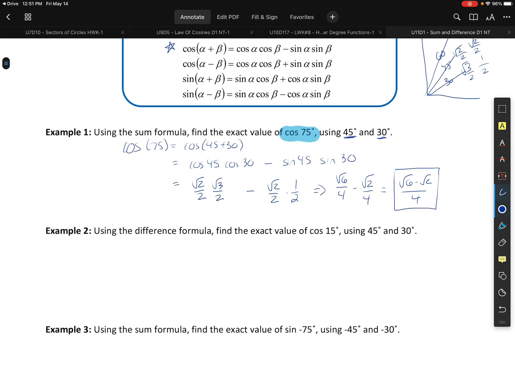If we change it up for a second, instead of using the addition formula, let's say we have the subtraction formula, which would be cos of 45 minus 30.